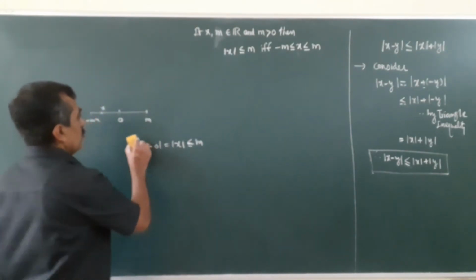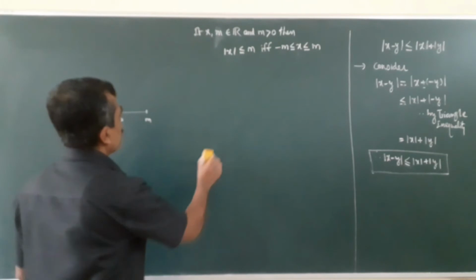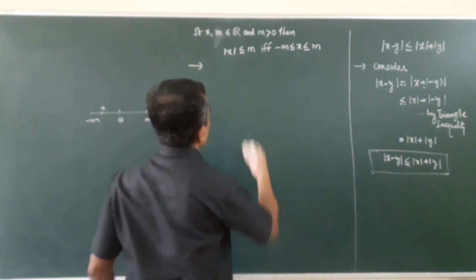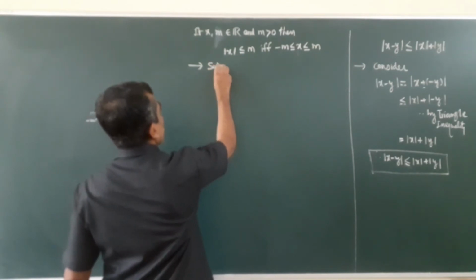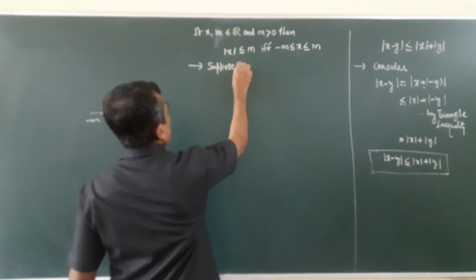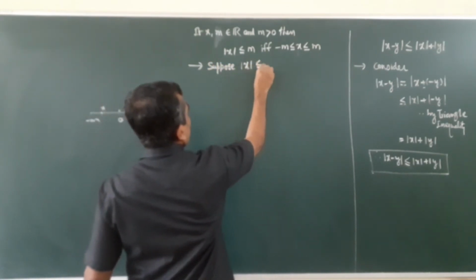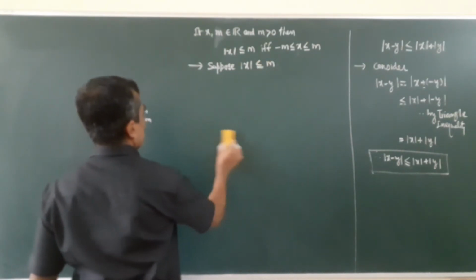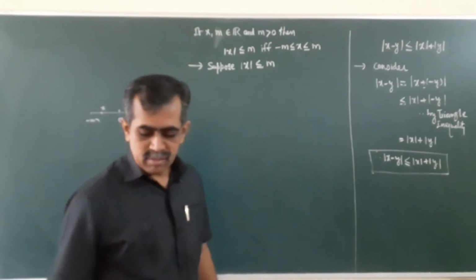So we will see how to do this. See the proof now. Start with the first part. Suppose, very simple, mod x is less than or equal to m.